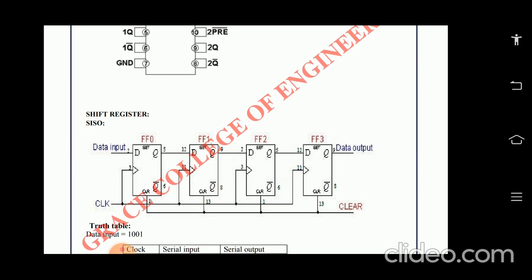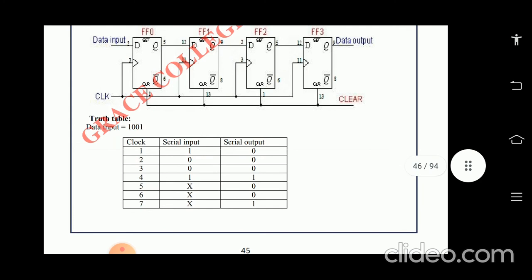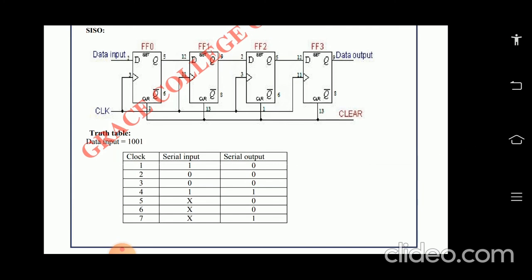After the construction of this circuit, we need to give a clock pulse and verify the truth table of this circuit diagram. It will be given up to the 7th pulse.